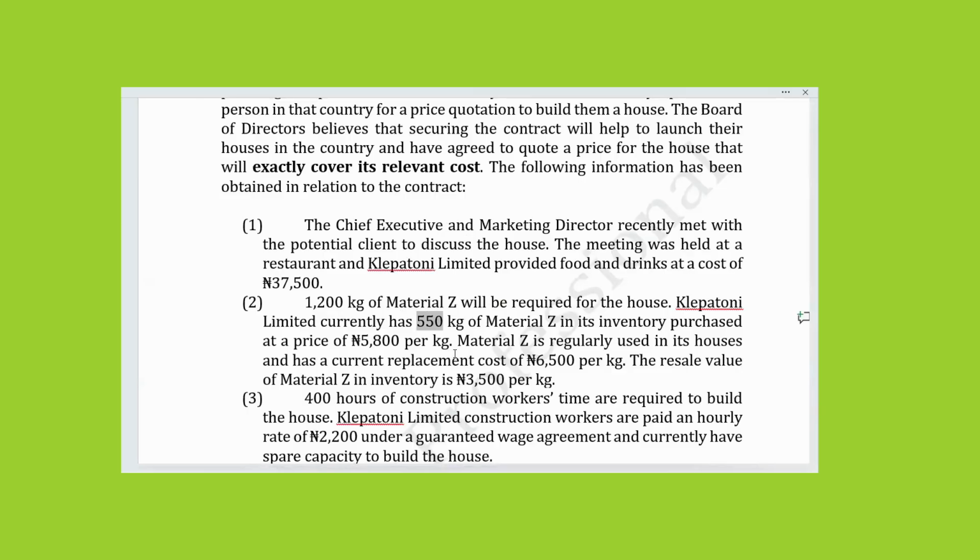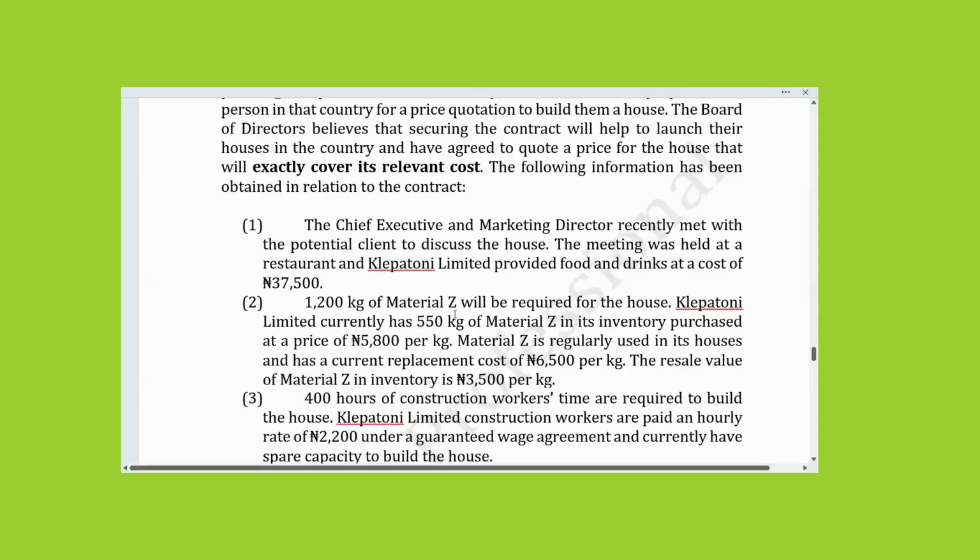You are not told in this particular instance that the 550 kilogram will be used to build this house. If the examiner has told you that the material you have in the warehouse or in store will be used for the project, it's not going to be for free. It's not going to be 1,200 minus 550. You are still going to cost it. However, this 550 will then become opportunity cost.